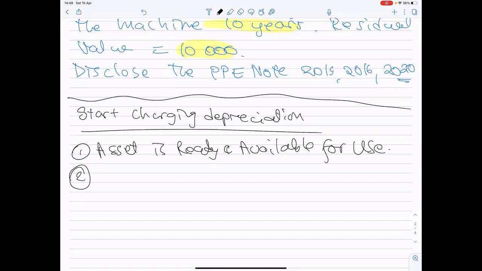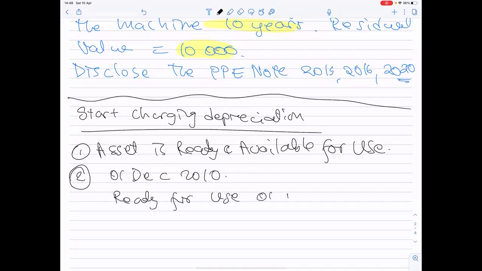They can try to trick you. They say they bought the asset on 1 December 2010. Are we together? Then the asset was ready for use on 1 January 2011. When are you going to start charging depreciation there?